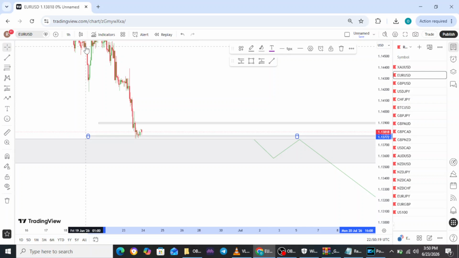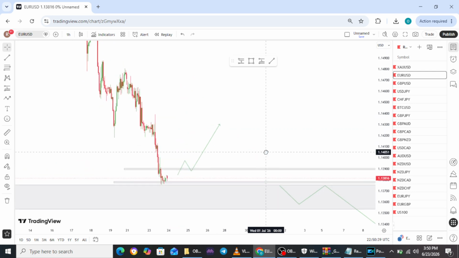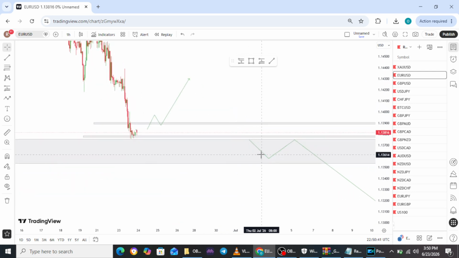For today, sorry, the market has not opened, but this is what I would advise us to do. Trap the price at these two points. Wait for the market to break, retest, wait for a bullish engulfing candle or a weak rejection candle, and this is your first target. That is your first setup.